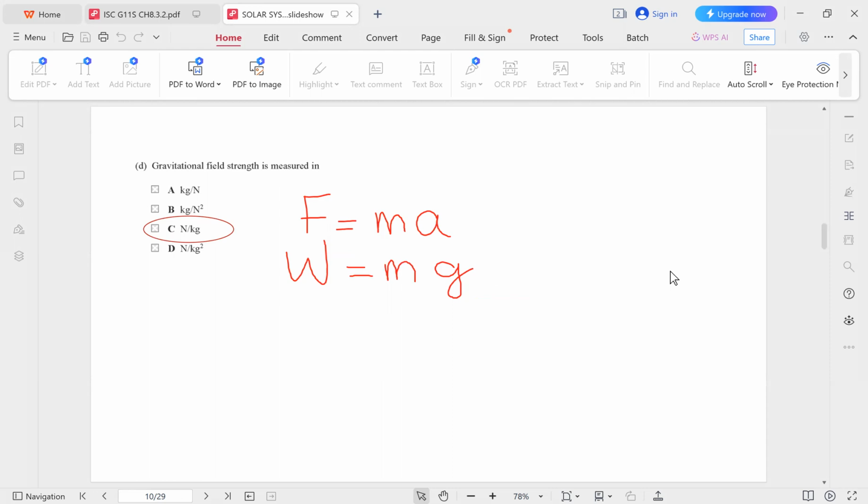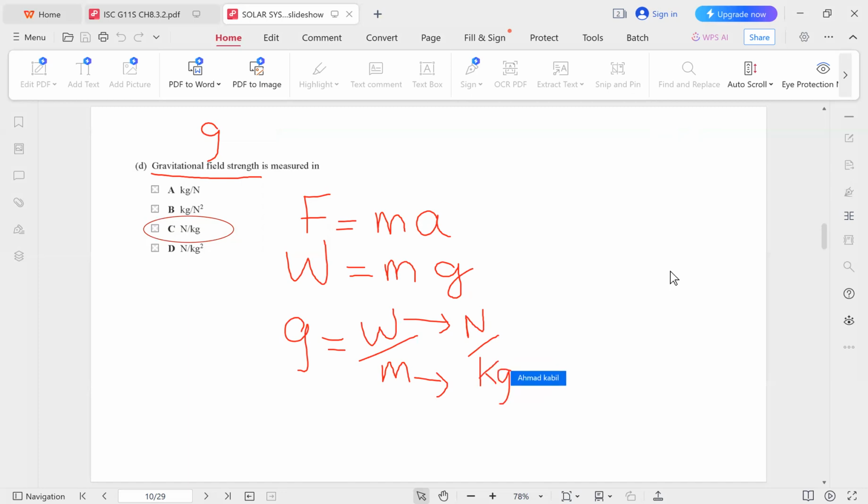The acceleration due to gravity has another name, which is gravitational field strength. So g is equal to weight divided by mass. The weight is a force, so it has a unit of newtons, and mass is measured in kilograms. Therefore, the correct answer here would be newton per kilogram.